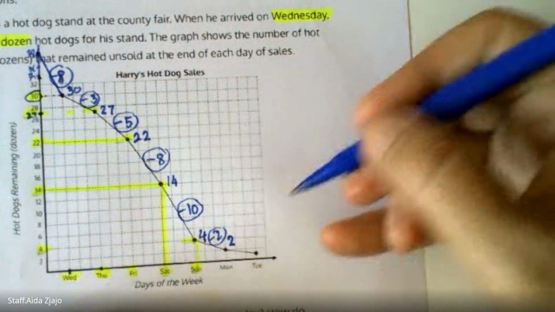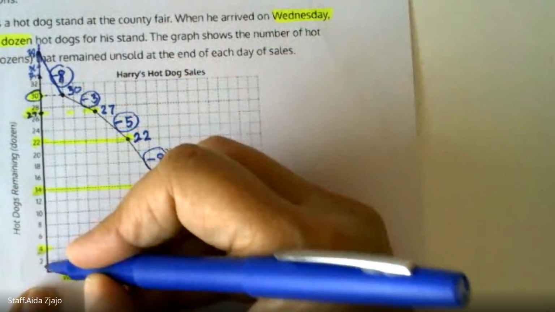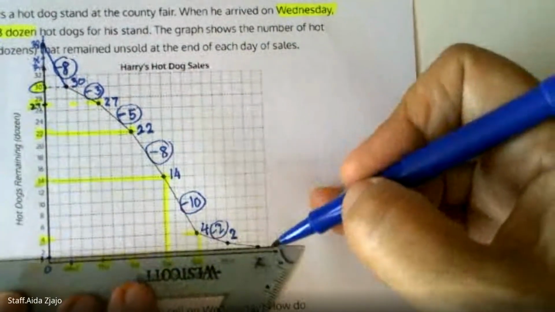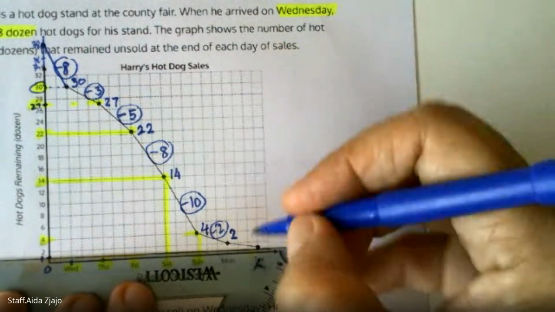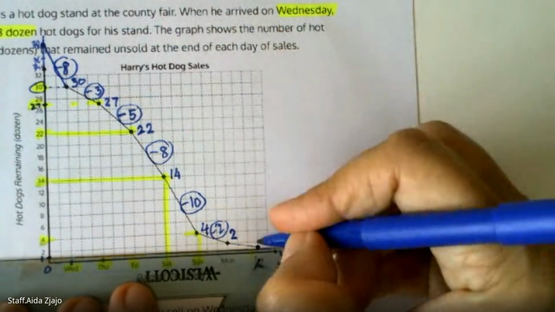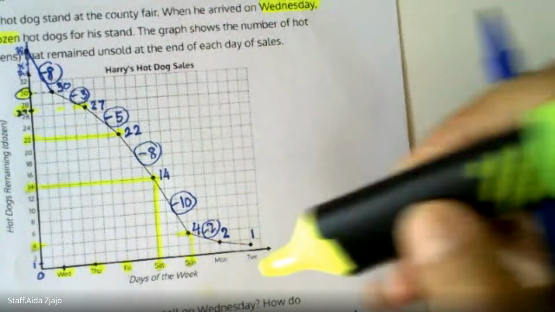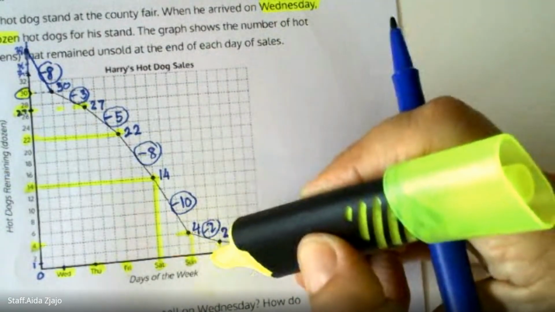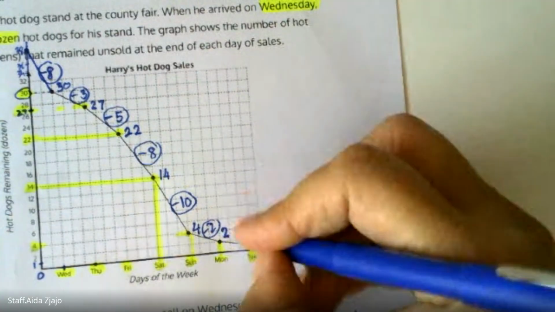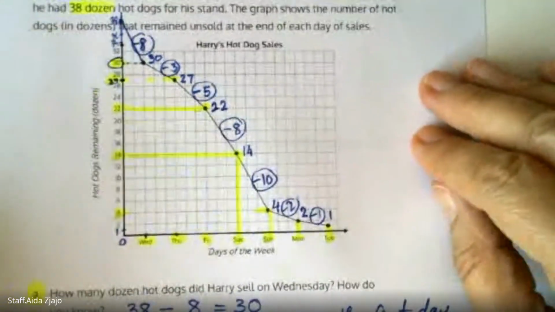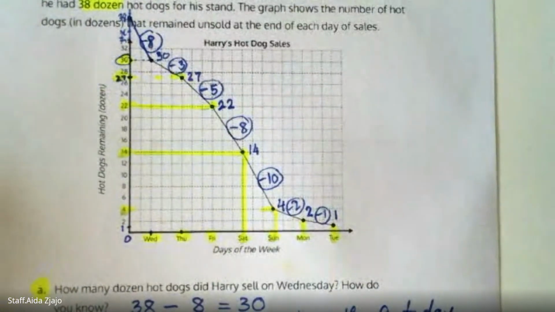And then on Tuesday, here should be 1, because if this is 0, then 1 starts. It looks like he has 1 dozen of hot dogs left on Tuesday, so he sold 1 dozen.